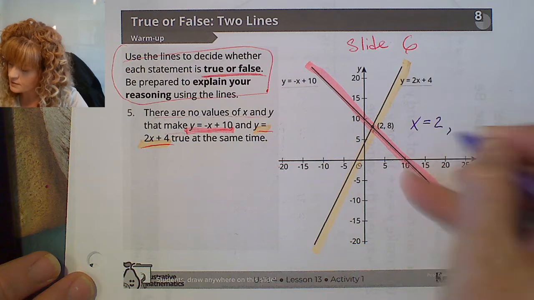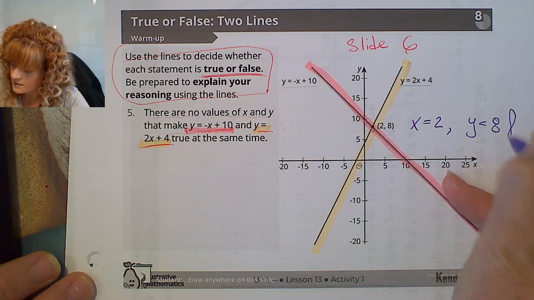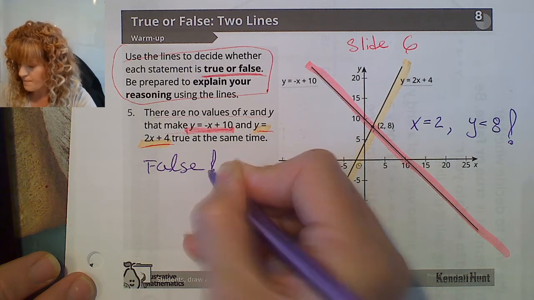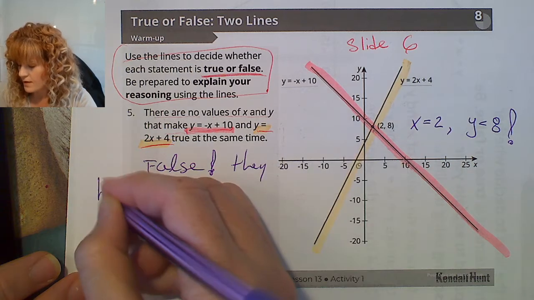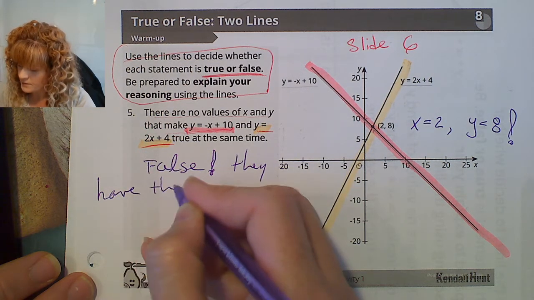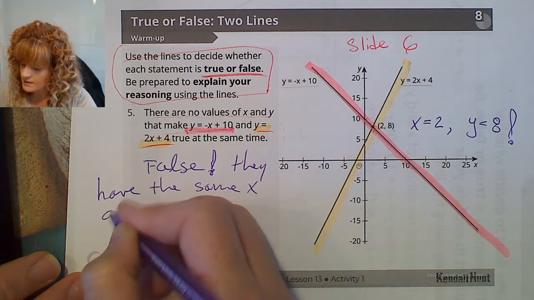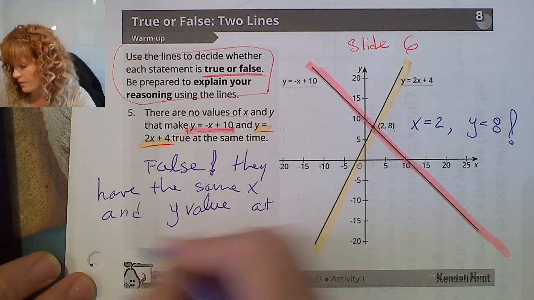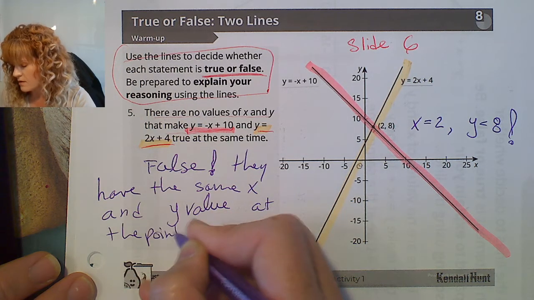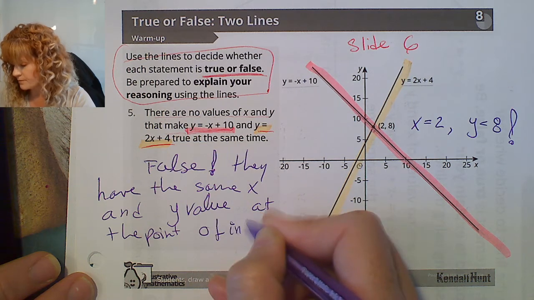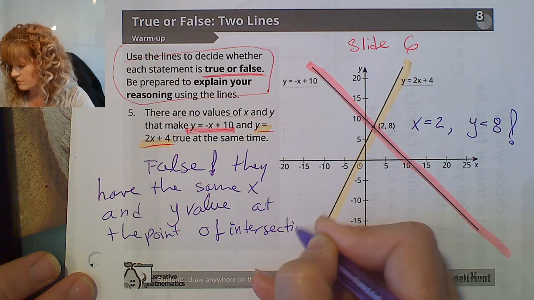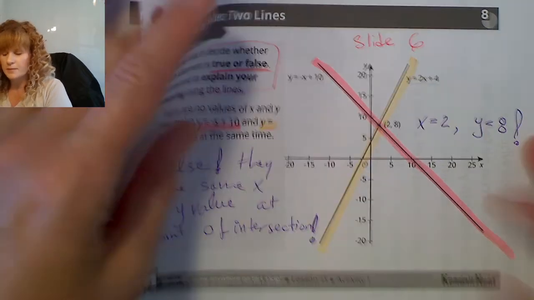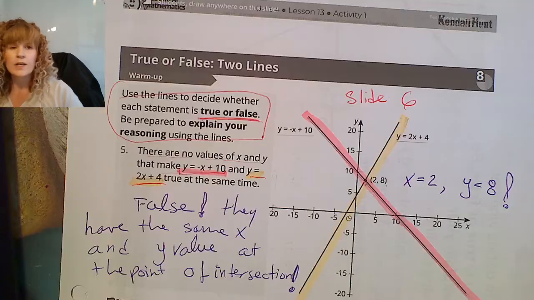X equals 2, y equals 8. So this is false. They have the same x and y value at the point of intersection. Ta-da! Okay, I explained my answer. Let's keep going. Actually, I'll make another video.